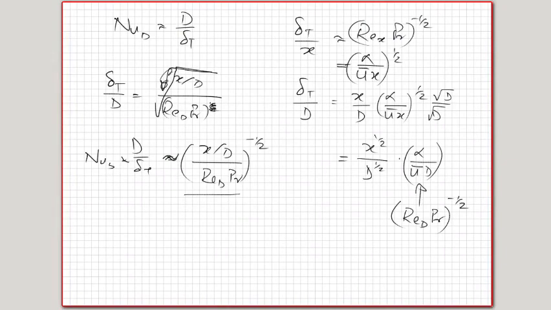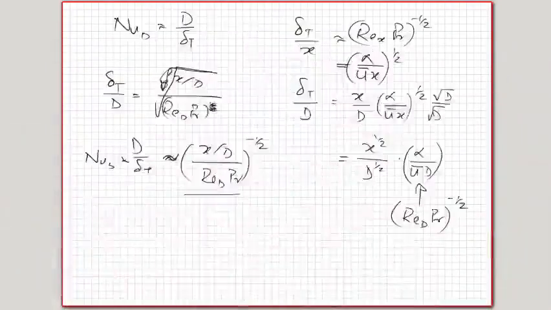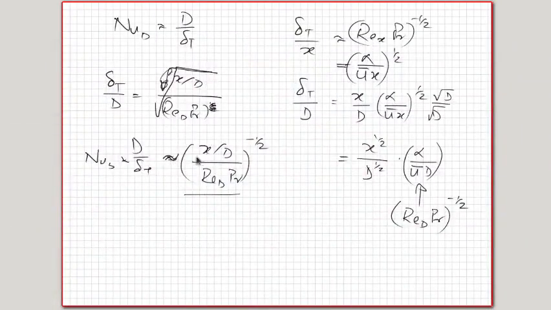Okay, so we have not said anything about the boundary condition here. All we have said is that it is in a location where x is much smaller than L_ET, so it's in the developing region. So in the entry region, where x is much less than the entry length for thermal flow development, your variation would be in this form.